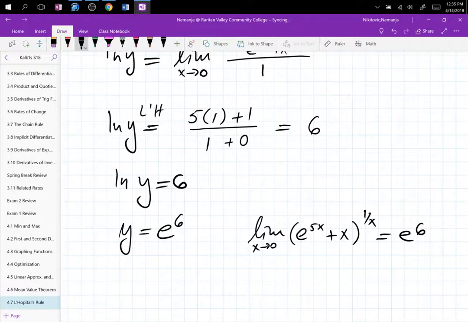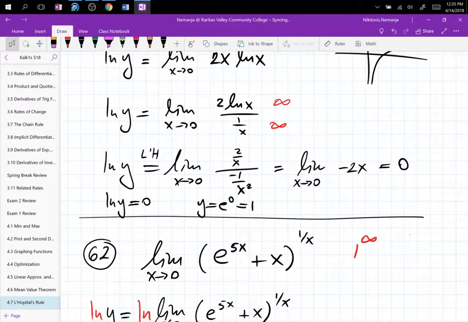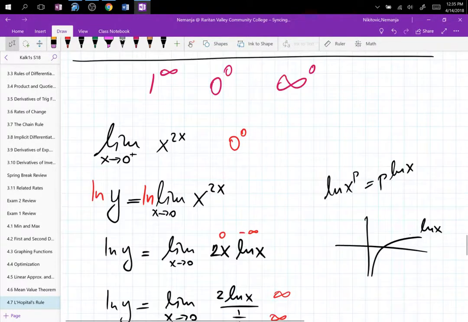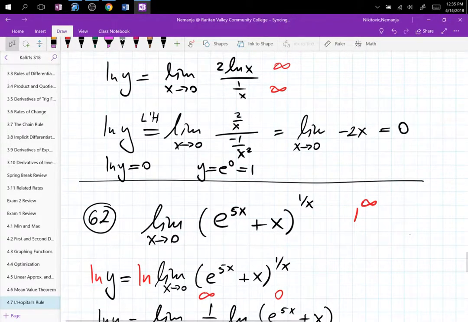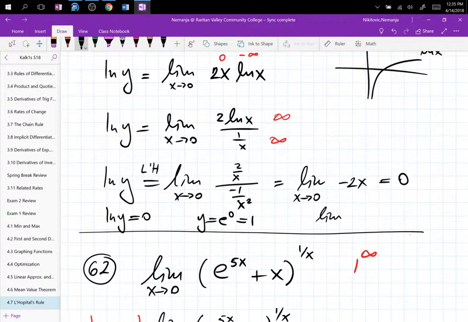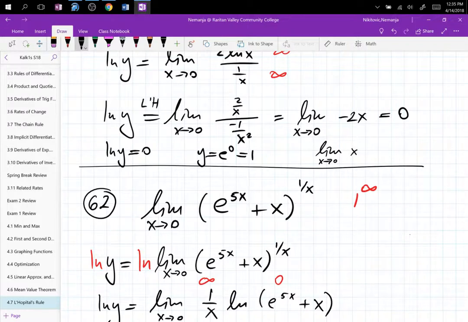So this was a 1 to infinity problem, and the answer was finite, e to the 6. Now going back to the previous example, my y was x to the x squared, so the answer is that the limit as x goes to 0 of x to the 2x is equal to 1. That's the answer.